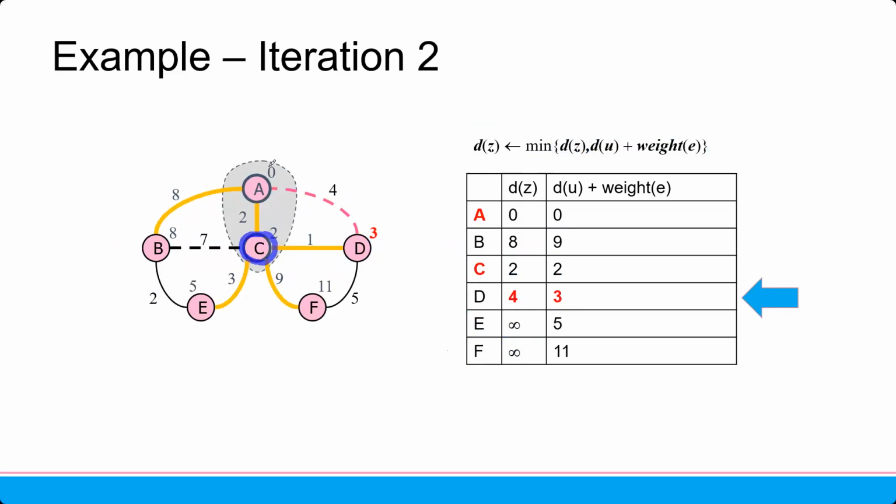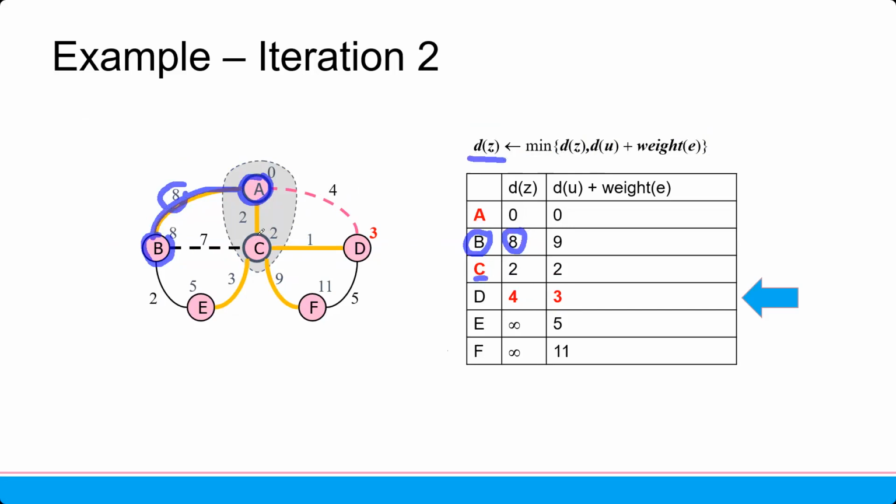From C, okay, so we say that we have a path from A to C. Now let's update the distance to B. If we want to go from A to B directly, the distance is 8. This is the original. But what if we want to go from C?